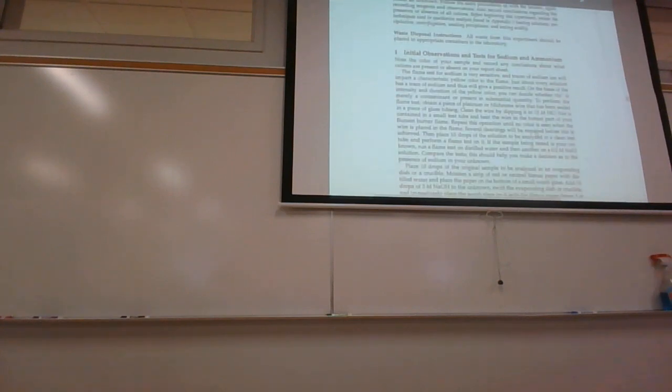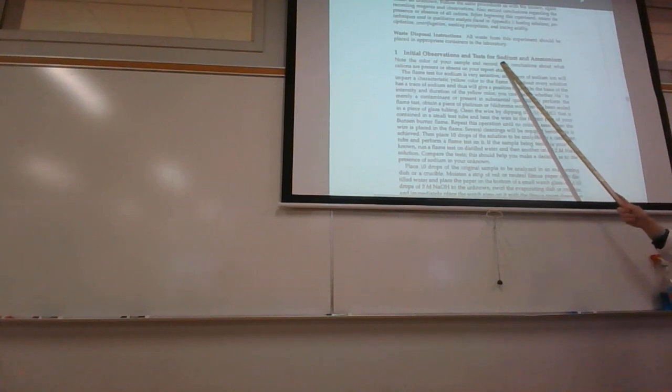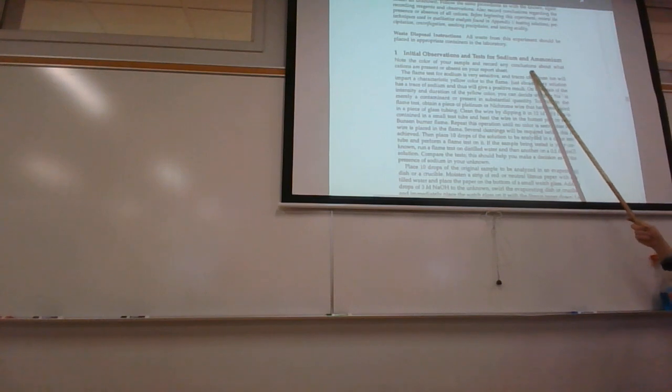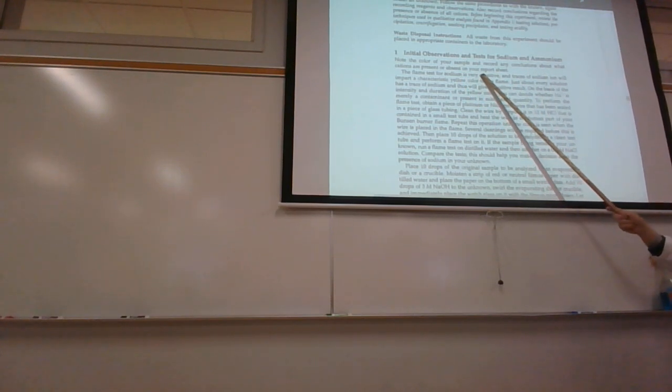And then we get down to the procedure here. All right, so we're going to do initial observations and tests for sodium and ammonium. Note the color of your sample and record any conclusions about what cations are present or absent on your report sheet. So you look at the color.